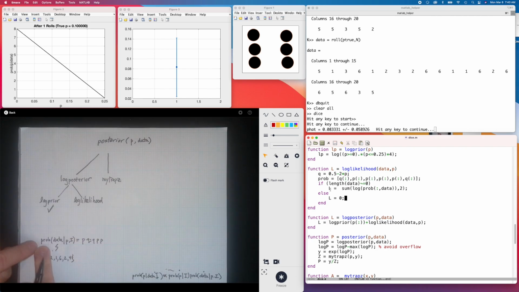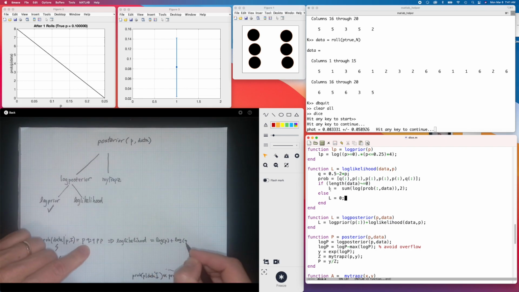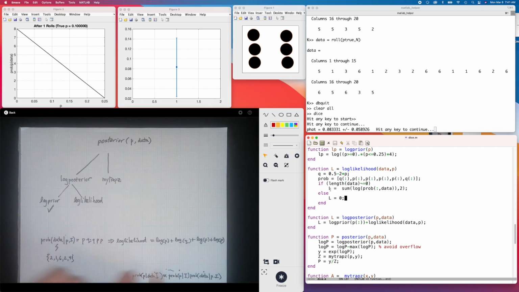So this would be the likelihood function for this particular data set. And now if I take the log of the likelihood, then this will become a sum of logarithms, and so on for the length. So this is all this does. It just sums those logarithms and assigns it to the value L.